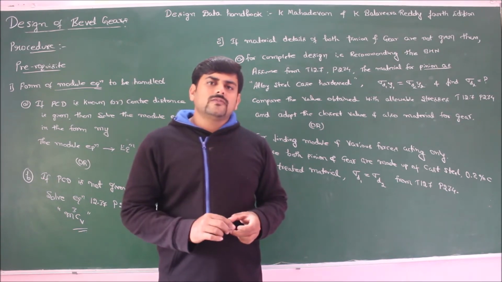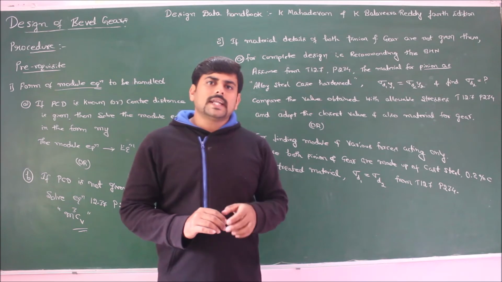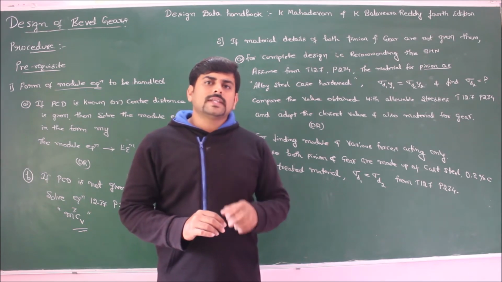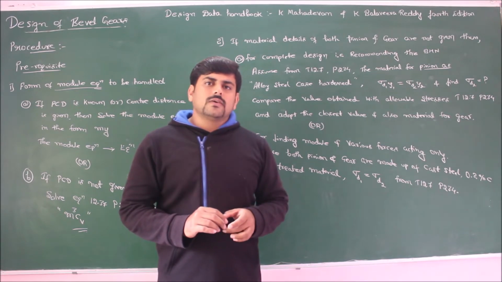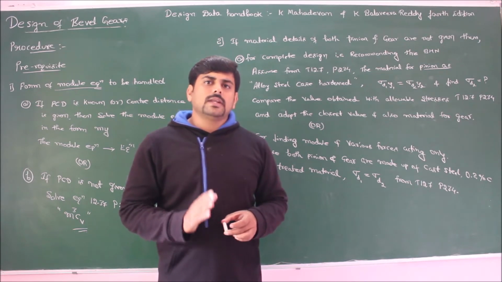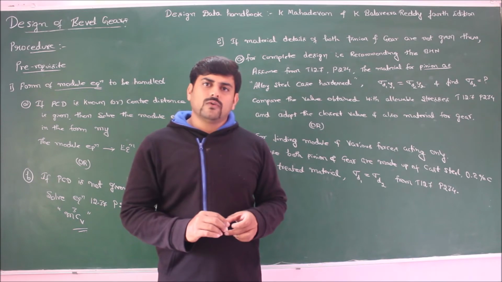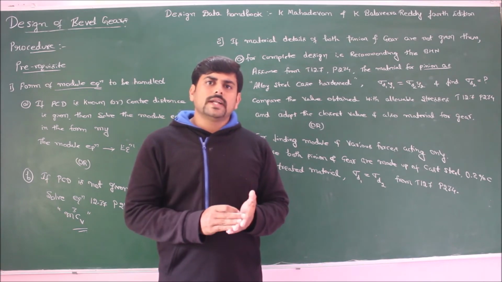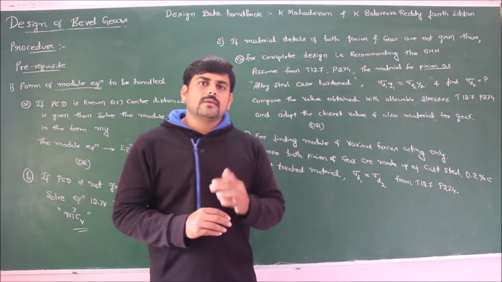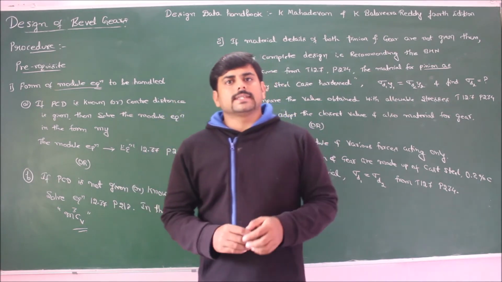Once you find the value of sigma d2, that is the allowable static stress of gear, compare that value with the allowable static stress values present in table 12.7, page number 234, and adopt the closest value of sigma d2 and also the corresponding material for gear.